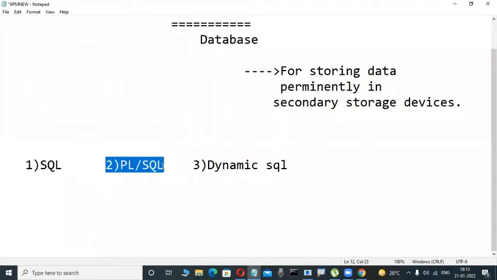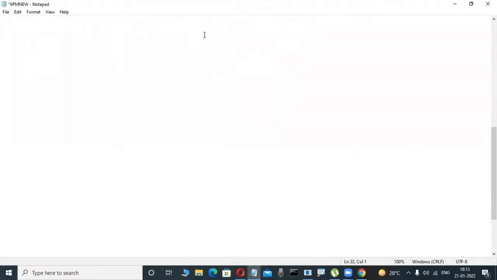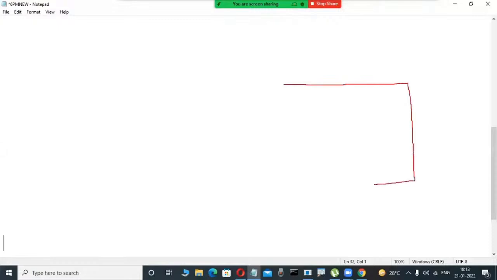Why this language is required: because of so many applications. If you are a first-time newcomer, concentrate here to understand. Just for an idea, I'm telling some applications. Daily, so many people go to banks for depositing or withdrawing money.